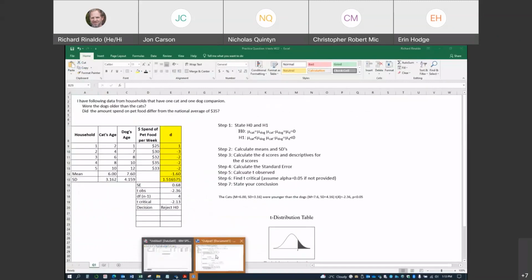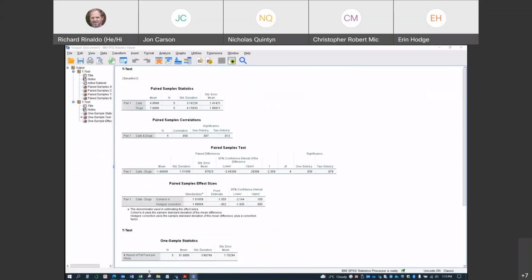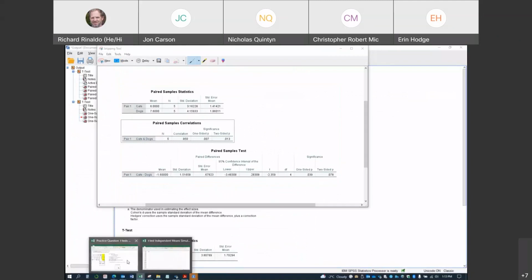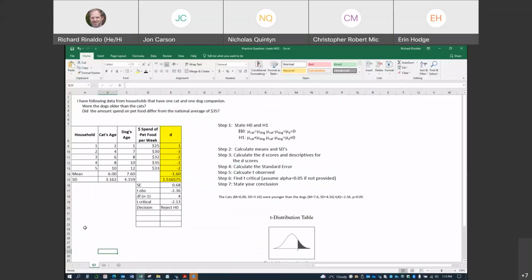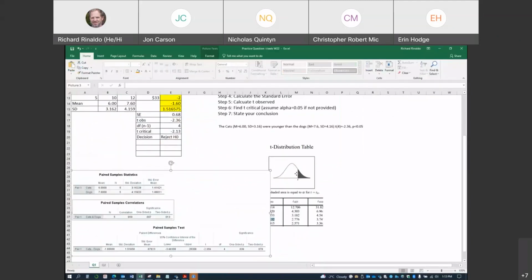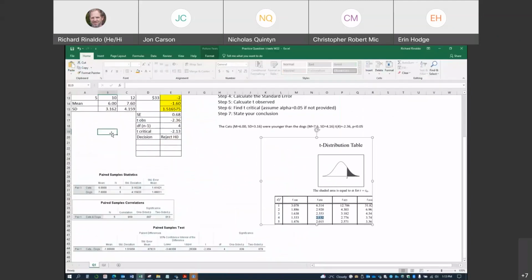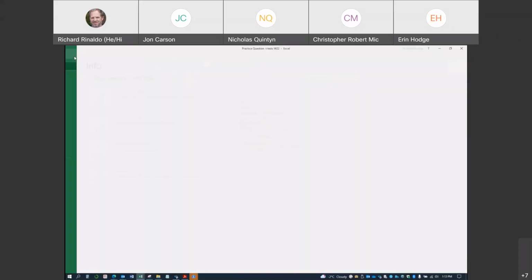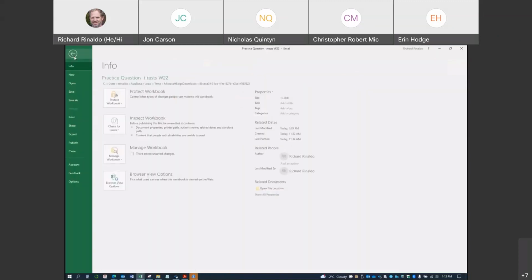Does anybody have any questions on that? Now, this isn't going to print very pretty. So I'm going to call this the solution.